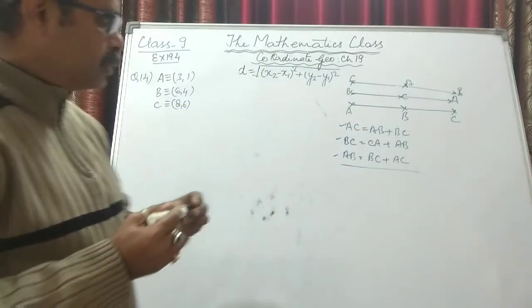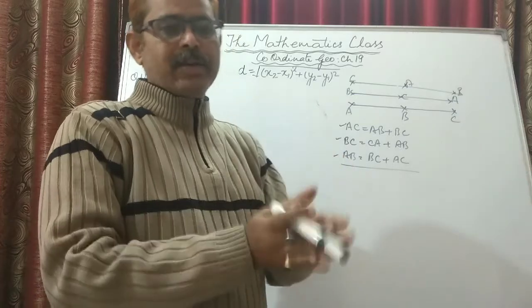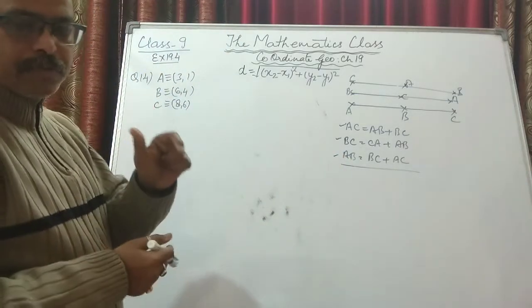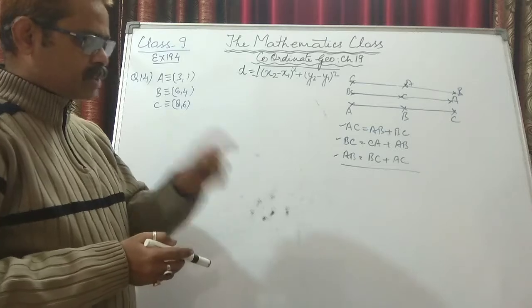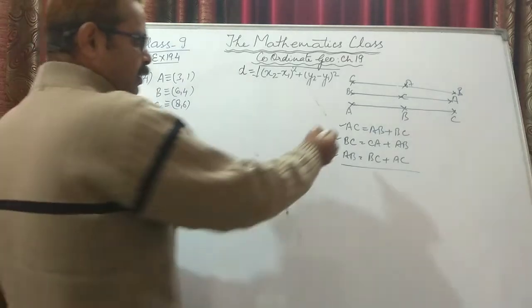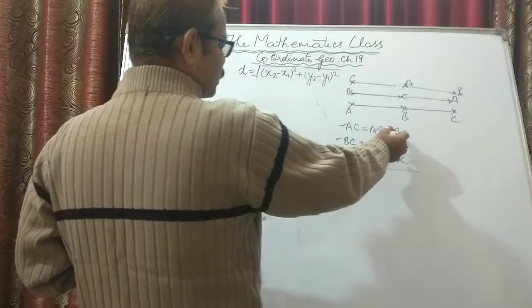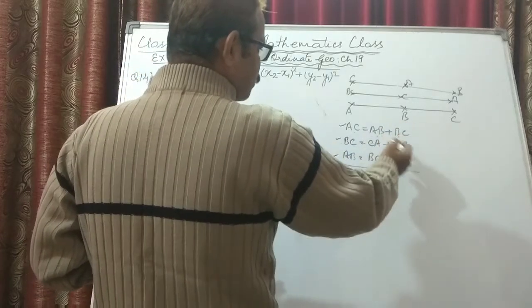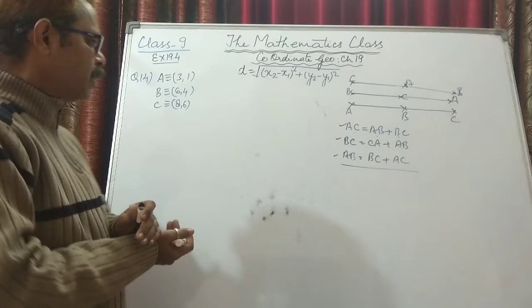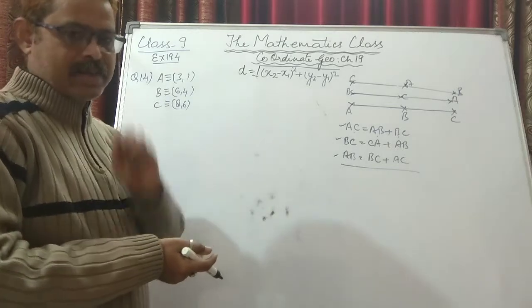The overall gist of the meaning of the question is that the sum of 2 distances must be equal to the third distance. This is one distance, this is one distance, this is one distance. So the sum of any 2 lengths or line segments must be equal to the third line segment.